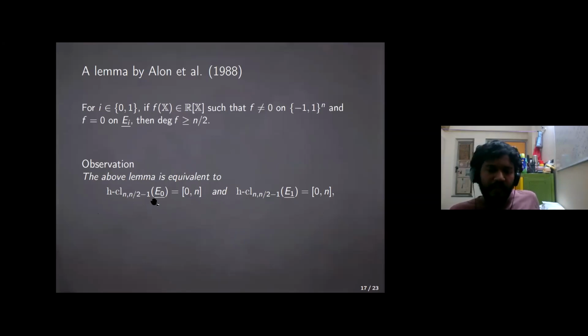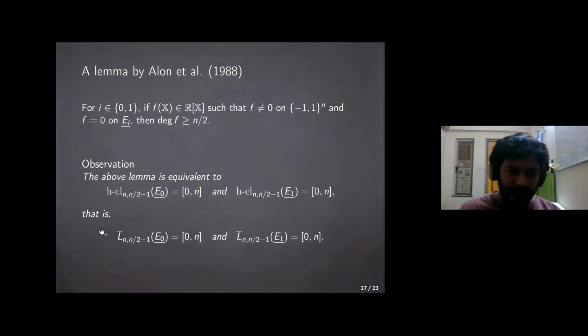What does this mean? Well, it means if there is a hyperplane arrangement with at most n by 2 minus 1 hyperplanes that covers all the even layers, then it must cover the full hypercube. Similarly for the odd layers. Okay. So now we already know this characterization, and therefore in terms of L bar, this is the statement.